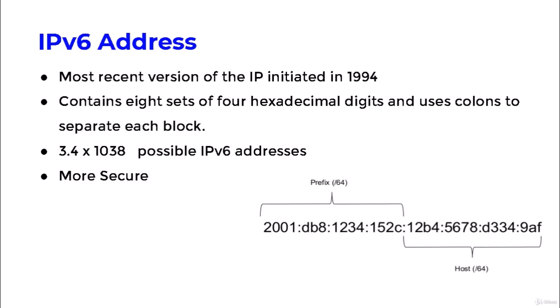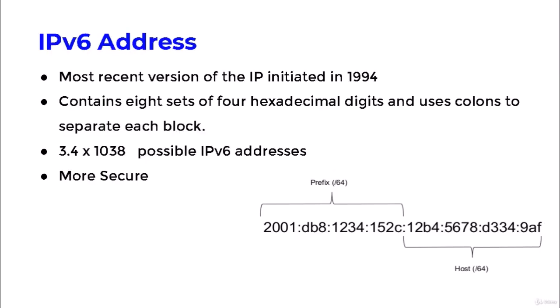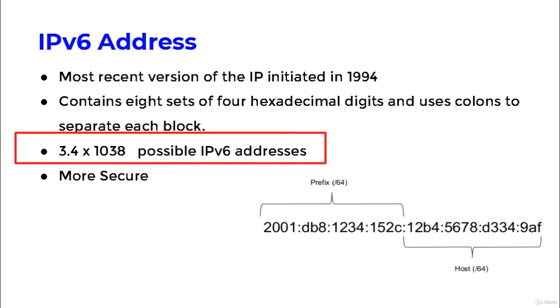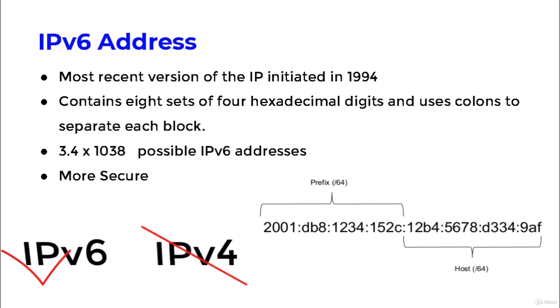In the image you can see 2001 colon db8 colon 1234 colon 152c colon and so on. Therefore, the number of possible IPv6 addresses is 3.4 into 10 to the power 38. That's a huge number, and obviously IPv6 address is more secure than IPv4 address.